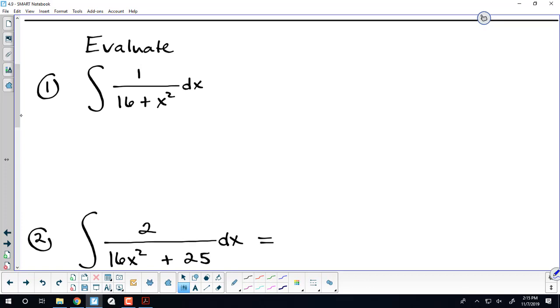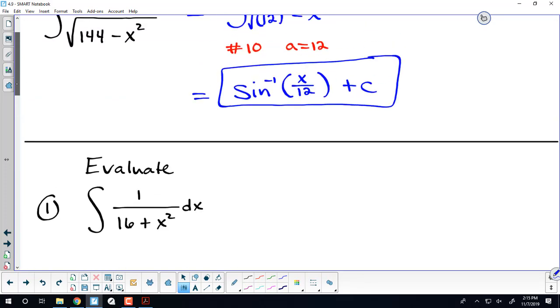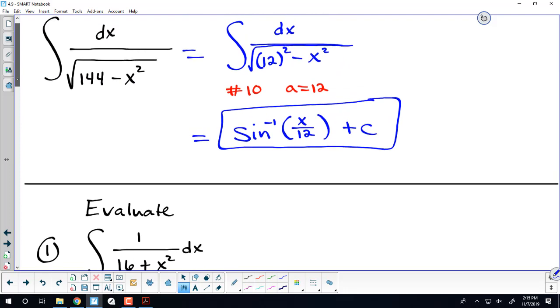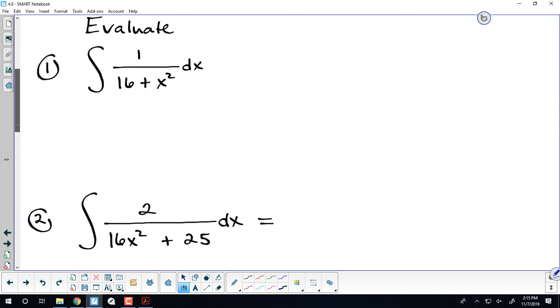All right, so with this example here in mind, what would we need to do here for the 1 over 16 plus x squared? Would you do 4 squared so that it can be the inverse tangent? Right.